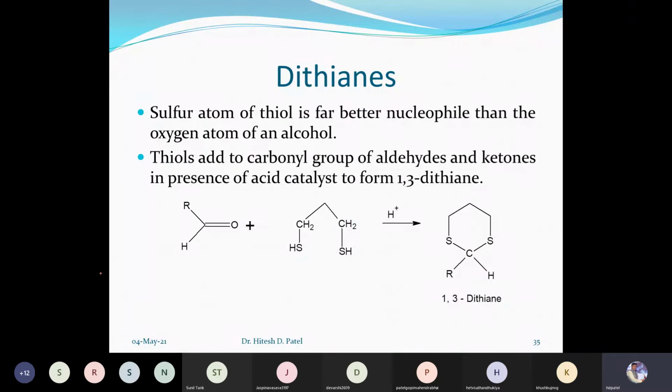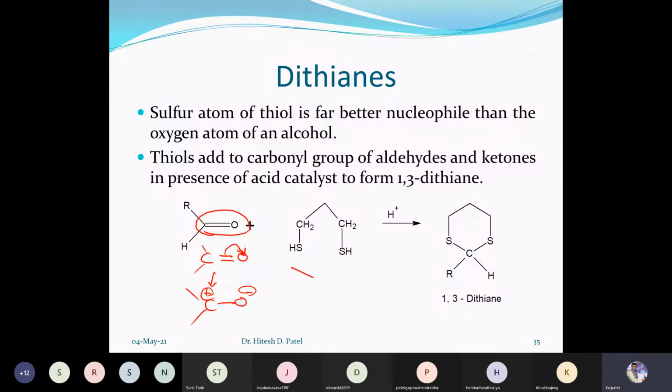Okay, last time we discussed 1,3-dithiane. In the aldehyde or ketone, the carbon which is attached to the oxygen, due to the inductive effect and mesomeric effect of oxygen, oxygen pulls electrons from the carbon, and that's why this carbon becomes electropositive and oxygen becomes negative.